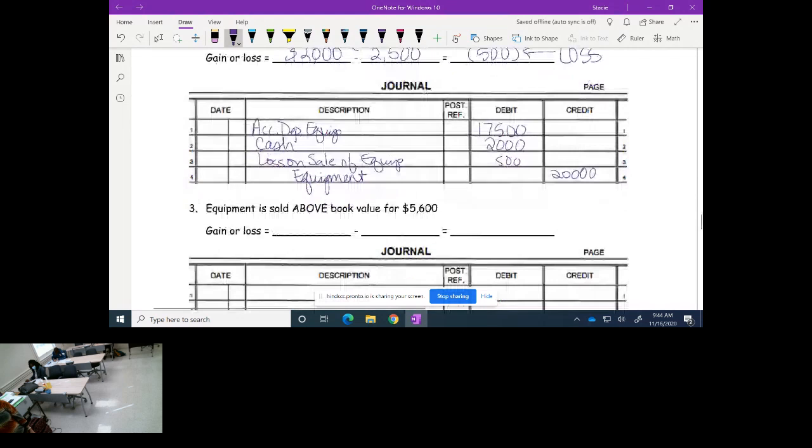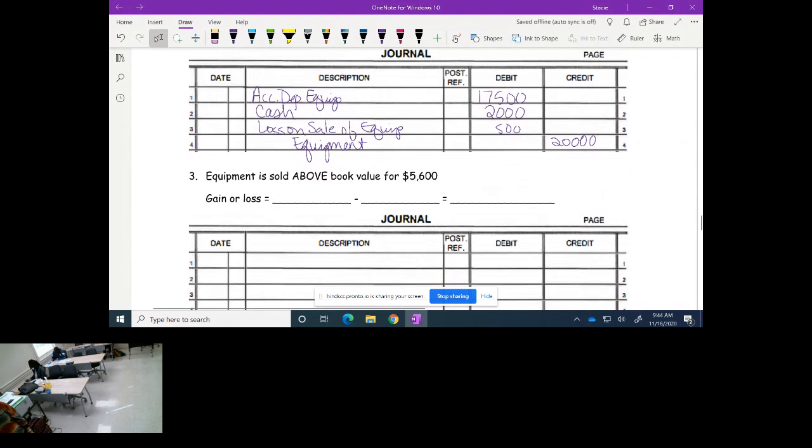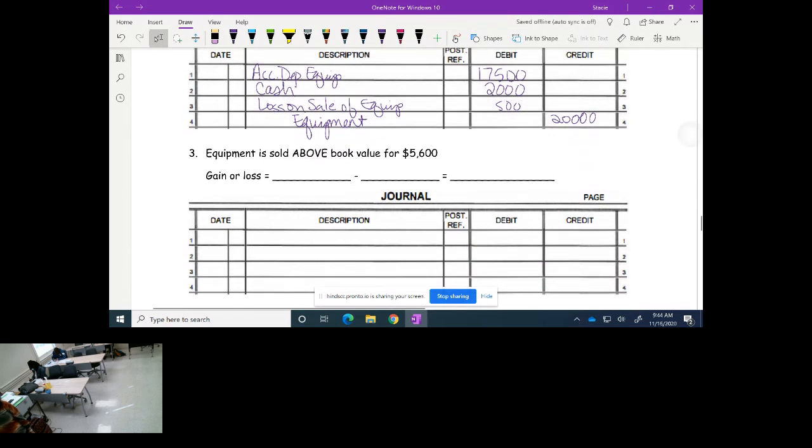Okay, so what if you sold it at an amount above book value and you sold it for $5,000? So $5,000 is our sales price. What's our book value? How much? $2,500. So in this case, we have a $2,500 gain.